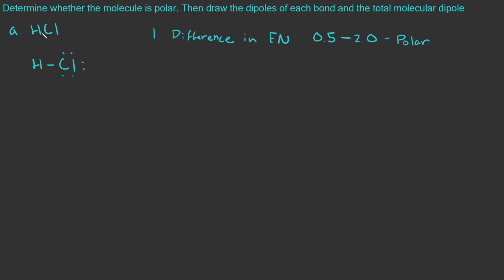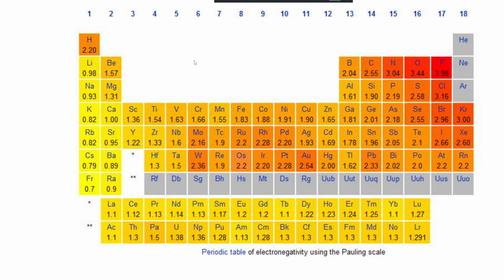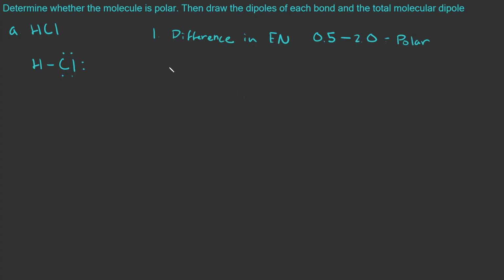And so what we have to do is find the electronegativity of H and Cl based off of the Pauling scale. If we look at these values, H is at 2.20 and Cl is 3.16. We have to use those two values to calculate the difference. Cl, once again, is 3.16.